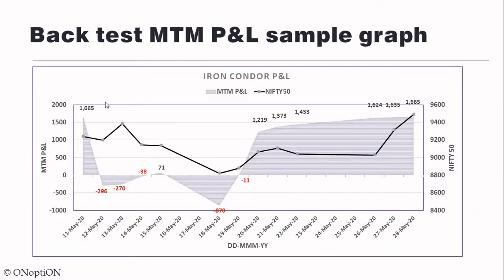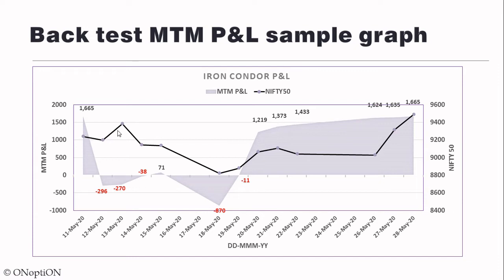You can see the graph here. On the left-hand side y-axis, I used MTM profit and loss, the x-axis has the dates, and on the right-hand side y-axis I used Nifty data. This dark line shows the Nifty movement, and this gray filled area shows your profit and loss data.